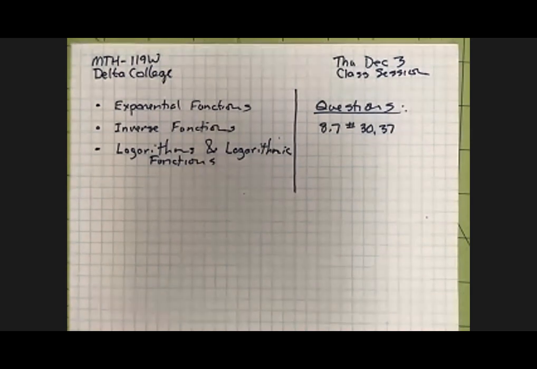I had actually picked out 8-7-30. I thought that was a good one. Didn't have time to share it. 37 is exceptional. Okay. So even if this slows me down a little bit, those are two excellent questions. So let's do them.